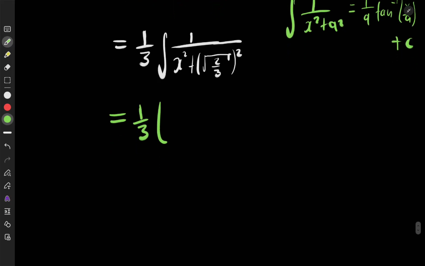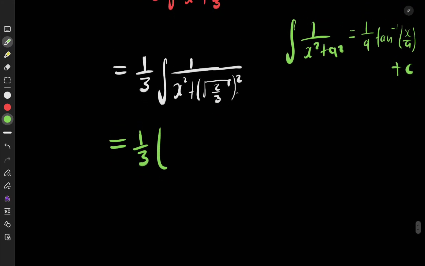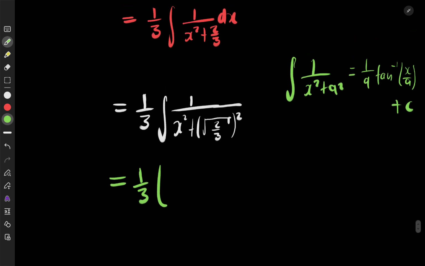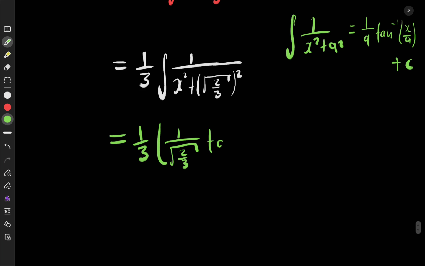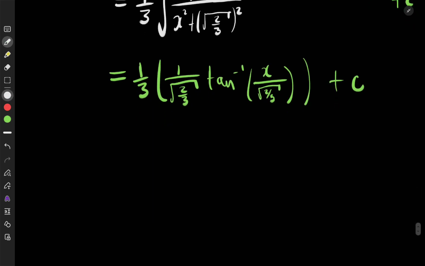Our a is, remember it will be a squared, but you take the a which is inside the squared, which is the root of 2 over 3. So it'll be 1 over root 2/3, multiplying tan inverse of x over the square root of 2/3. Then we close, and we say plus our constant of integration c after everything.